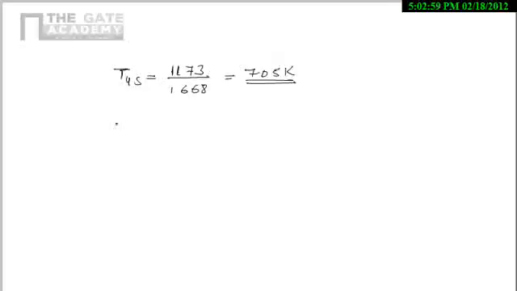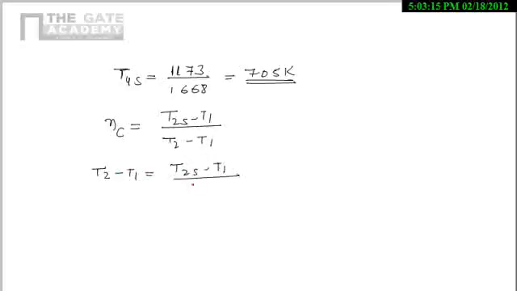So we know the compressor efficiency is nothing but (T2S minus T1) divided by (T2 minus T1). So now T2 minus T1, I can write as (T2S minus T1) divided by efficiency of compressor. So T2S we have already calculated, 505, T1 we are having 303, and the compressor efficiency is given, that is 0.8, so it is coming 252 Kelvin.